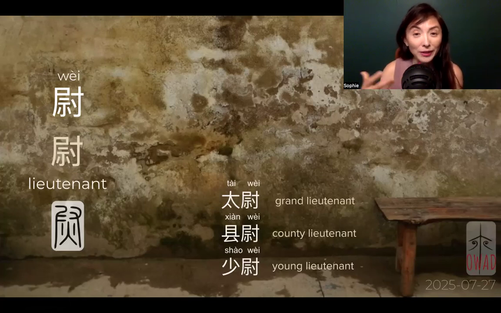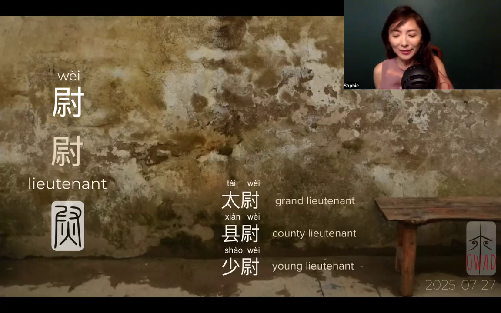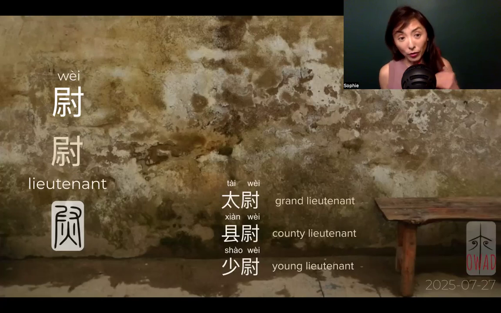So it's about presentation, about appearance, and then eventually that extended to a position, lieutenant. Lieutenant is a military rank, and Chinese use this smooth clothing action word, which is ironing in today's equipment, but the ancient way of ironing clothing, to symbolize that.